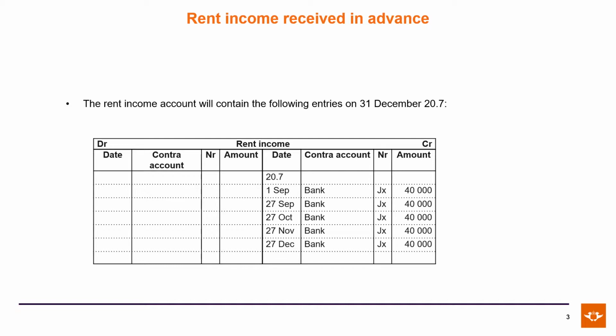So the rent for October was paid on 27th of September. The rent for November was paid on 27th of October. The rent for December was paid on 27th of November, which means the rent for January 2008, the following period, was paid on 27th of December.